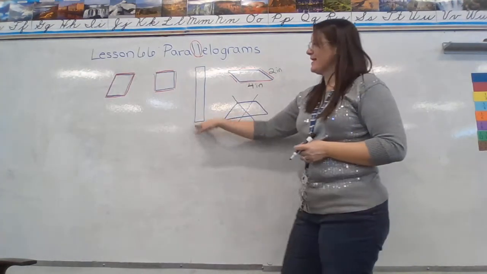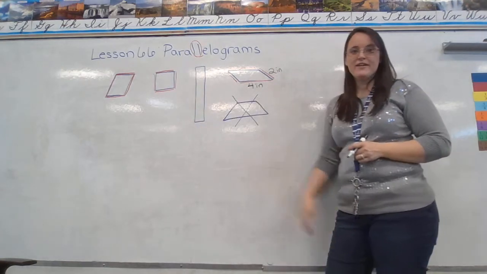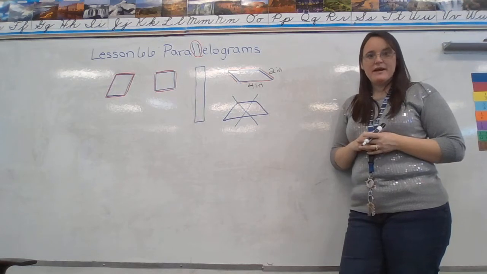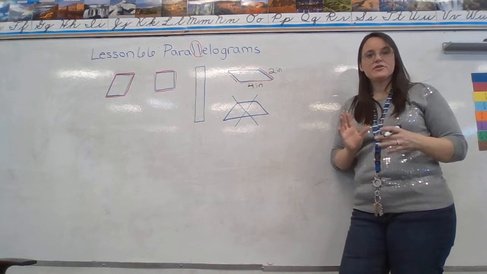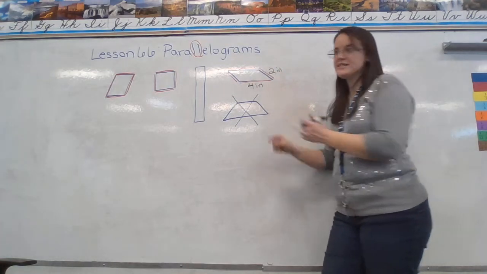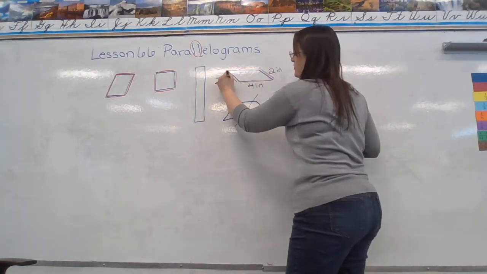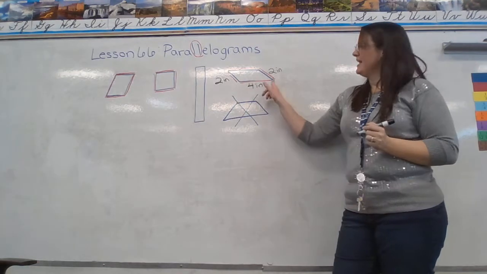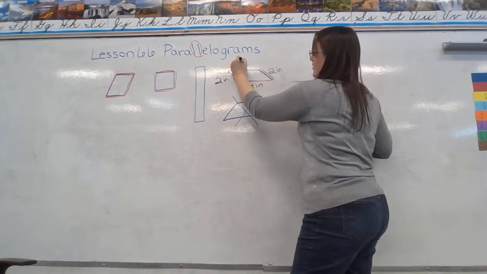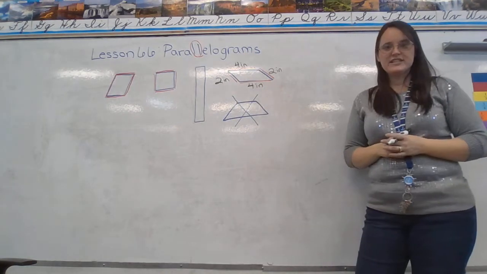Well, just like a rectangle or a square, not only are my opposite sides parallel, but in a parallelogram, my opposite sides are going to be the same length. So if this is 2 inches, this one is also going to be 2 inches. If this is 4 inches, its opposite side will also be 4 inches.